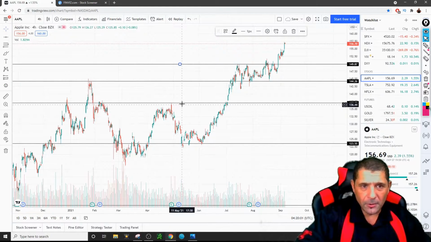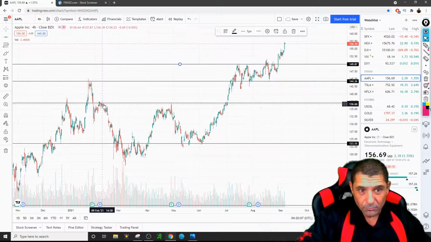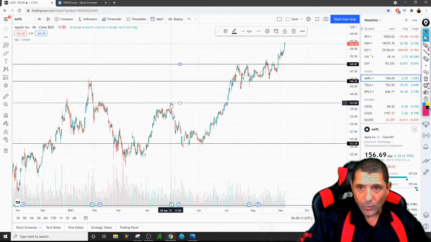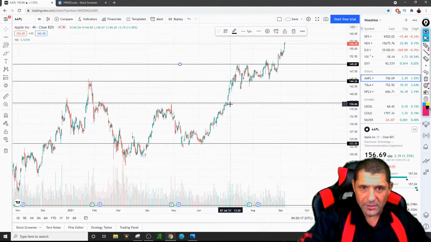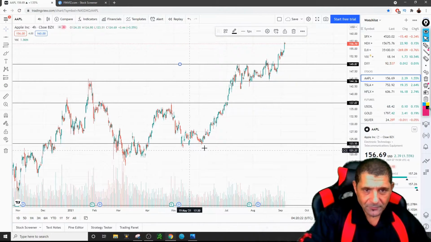Now down here, let's make sure we have a lot of touches. You have one touch over here, one touch over here, multiple touches on this line. That was 136.81. We have 136.81 again here. We have another 136 right here. So this one should be okay.